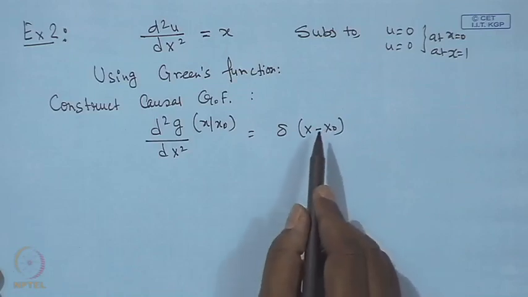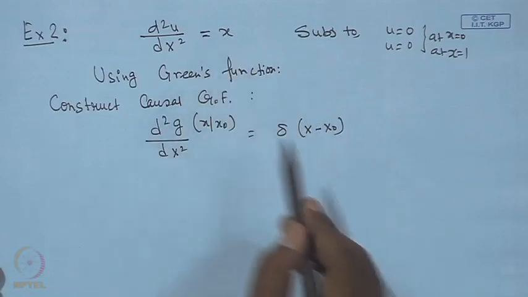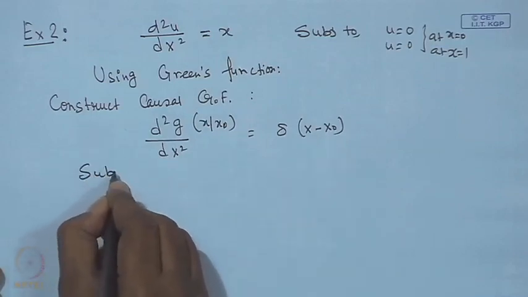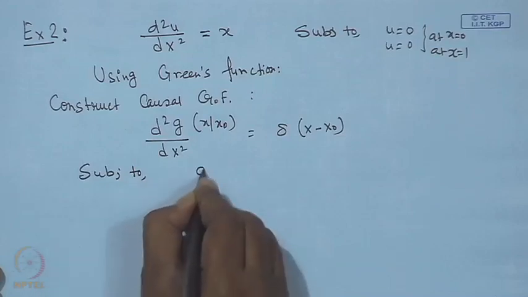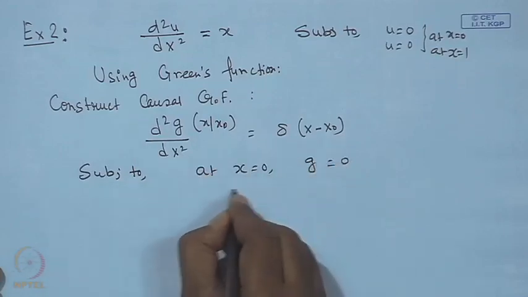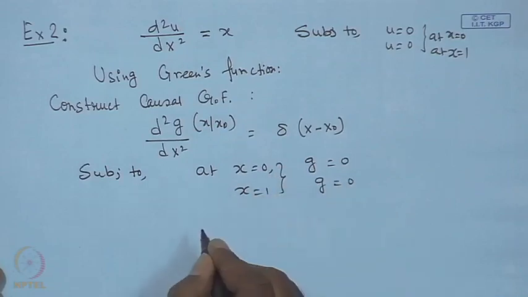We replaced the non-homogeneous part of the governing equation by a Dirac delta function, subject to at x is equal to 0, g is equal to 0 and at x is equal to 1, g is equal to 0.